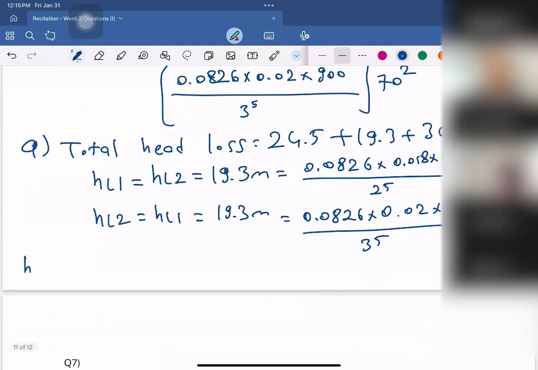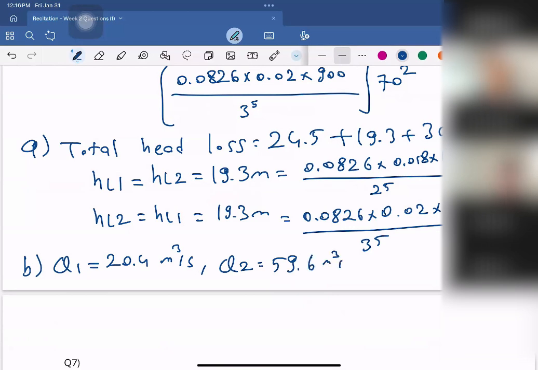Now this helps us to find the discharge. From these equations, the discharge in branch 1 is 20.4 cubic meters per second. For Q2, 59.2 cubic meters per second.